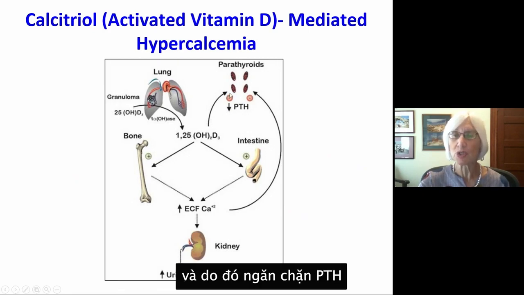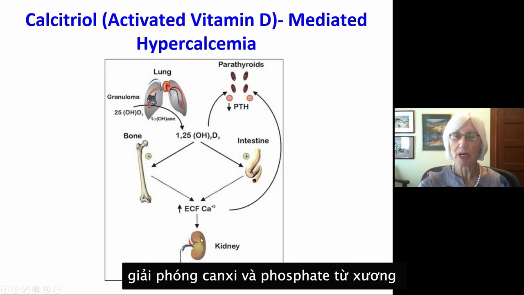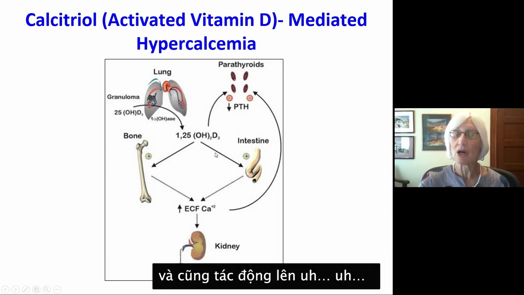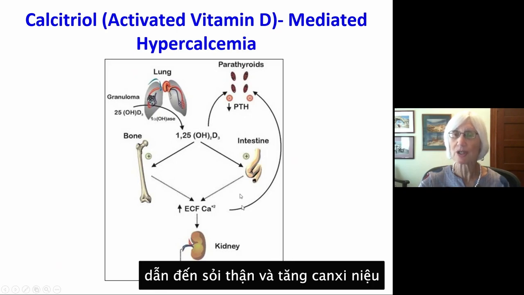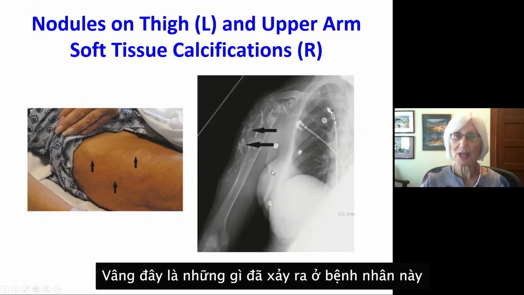And that, in turn, suppresses PTH, activates bone resorption, releases calcium and phos from bone, acts on the kidneys to increase urinary calcium excretion, leading to kidney stones and hypercalciuria, and also increases gut absorption of calcium. So this is what happened in this patient.